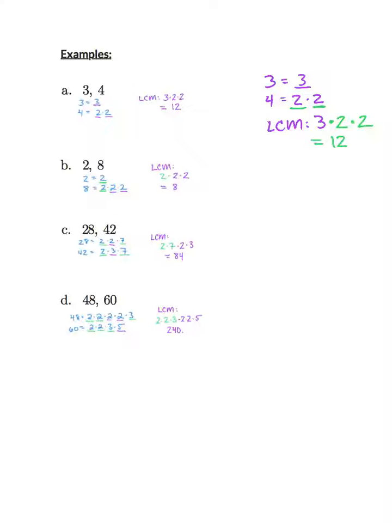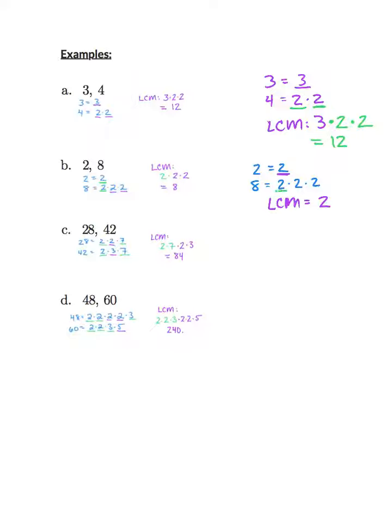Let's look at another example. Let's look at 2 and 8. 2 we said was equal to 2. 8 we said was 2 times 2 times 2. So again, for my LCM, I'm going to start with just one of the numbers. Let's say the 2. For the second number, I want to see if it's already represented.